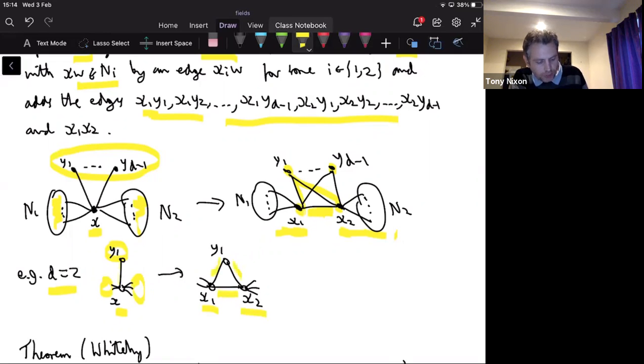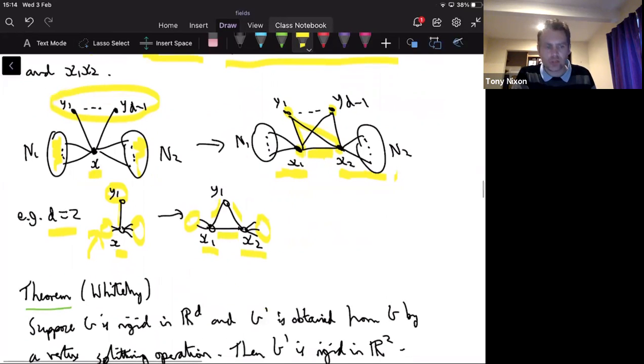So the edge from X to Y1 becomes a triangle, X1, X2, Y1. And then we partition the other neighbors of X into two sets. Some of them go to X1, some of them go to X2. And then again, the sizes of those two sets are sort of irrelevant to the argument. They just have to still exist, and we go to one or the other of the two. So this is the operation.